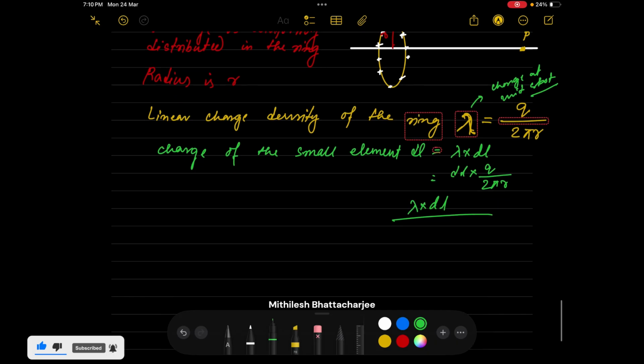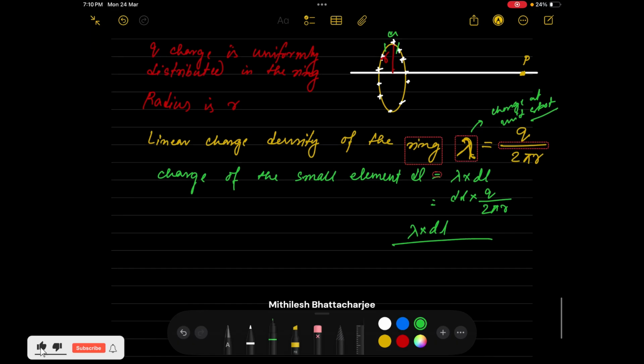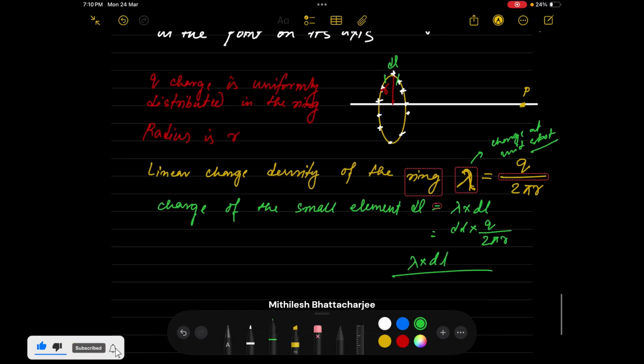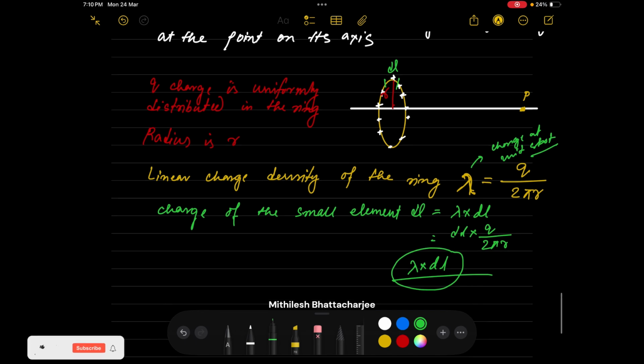The electric field at P due to this charge will be how much? Let us assume the distance from P to dl is a.